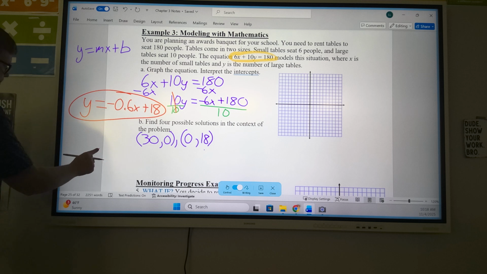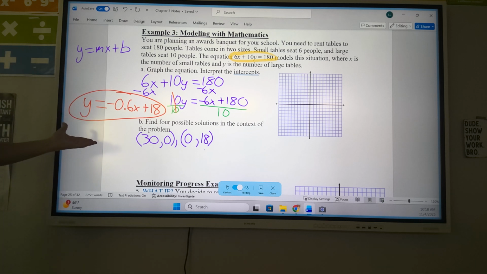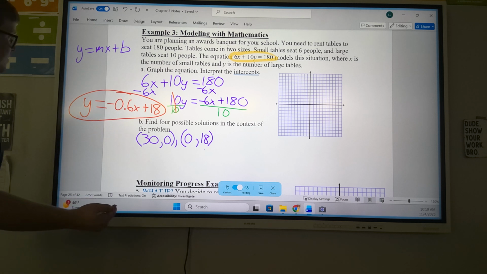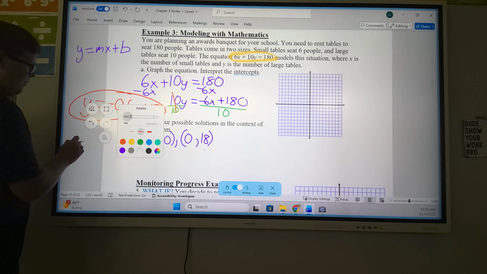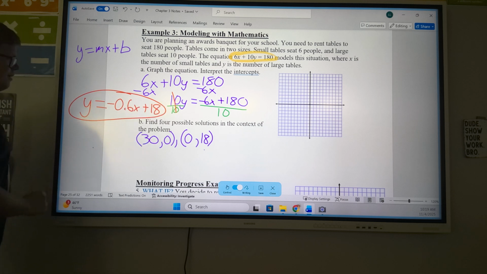So this is our slope-intercept equation that we are going to use to find two more possible solutions. Now, if we think about it, we can just either A, use this as an input-output table to find two more solutions, or B, we can just plug numbers into the equation to find two more solutions. So that's going to be kind of up to you. I'm going to try to represent this in an input-output table like we've done in the past.